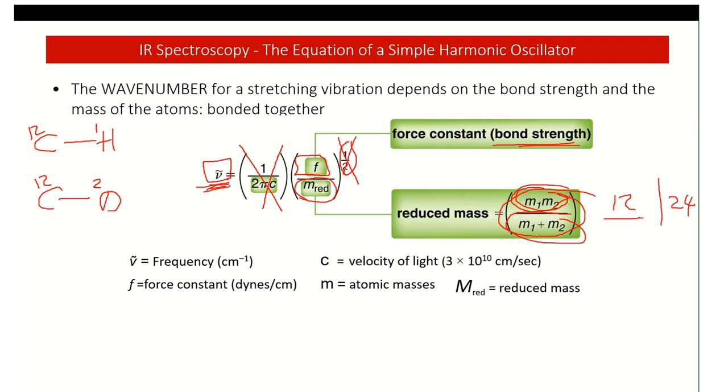The sum M1 plus M2 is 13 here, and for the CD it's 14. You can see that the denominators are not much different, and so therefore we can easily state that the frequency is inversely proportional to the mass.